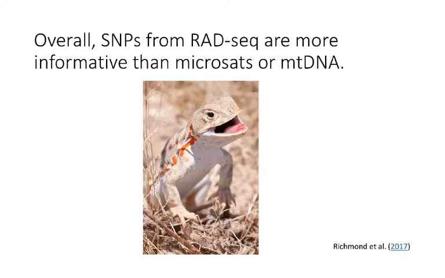So this is a study that was done here in California in the San Joaquin Desert. This little guy is a blunt-nosed leopard lizard. And what they were doing in this particular paper, which is referenced here, in their phylogeography study, they were looking at range-wide population structure.